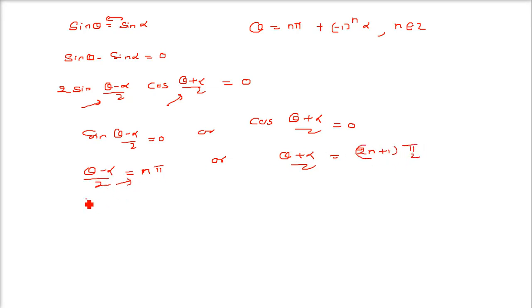Multiply 2 here. Theta minus alpha is 2n pi. That is theta will be equal to 2n pi plus alpha. In this case, what do you get? Just multiply 2 here. 2 gets cancelled and bring alpha here. So theta will be equal to (2n plus 1) pi, 2 gets cancelled, and minus alpha.